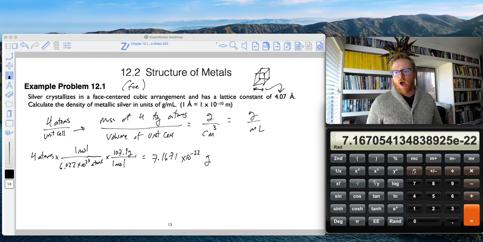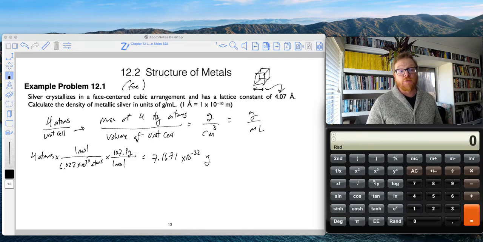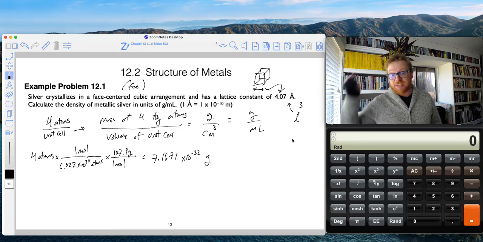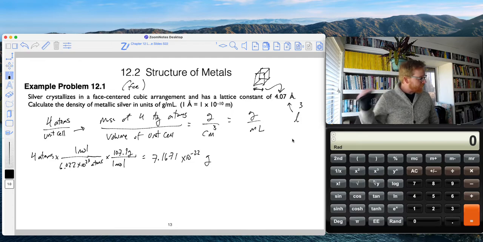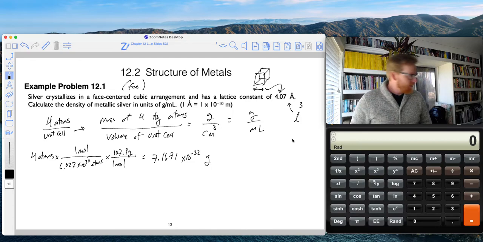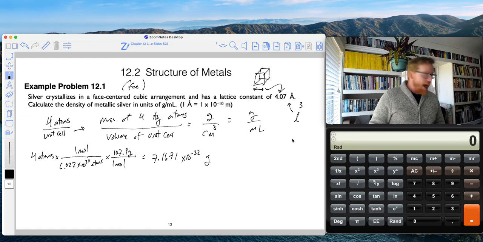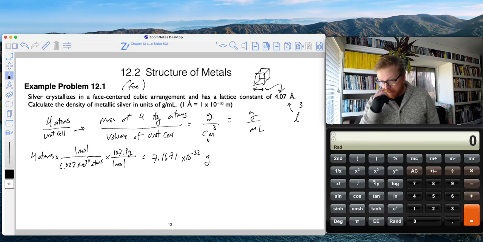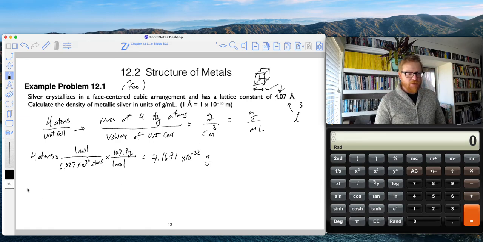Now I need to calculate the volume of my unit cell. Because it's a cube, that's simply L cubed. I just have to cube that number, and that's going to give me the right volume. I want to convert it into centimeters. So first, 4.07 angstrom.